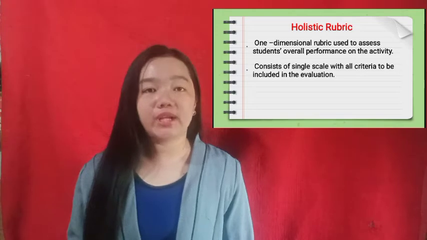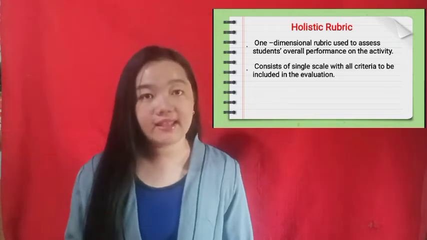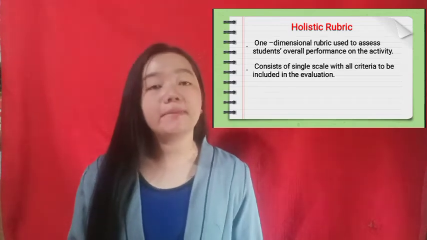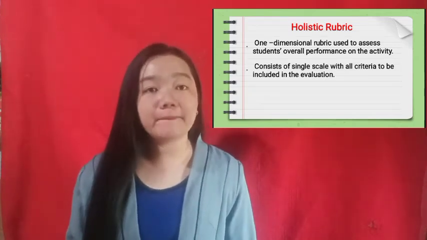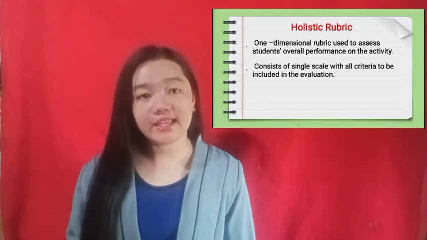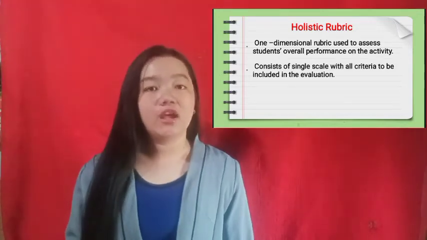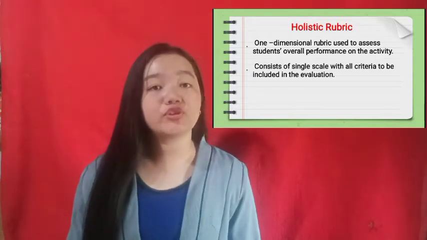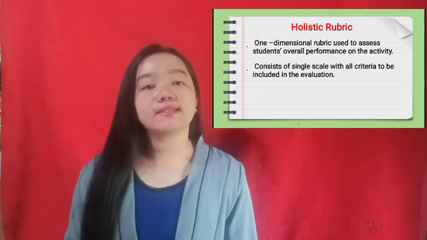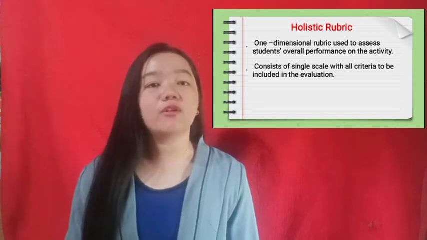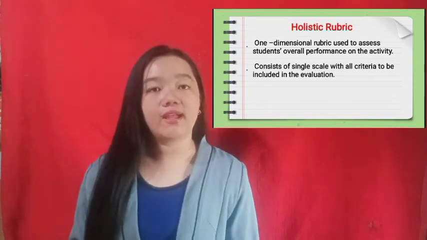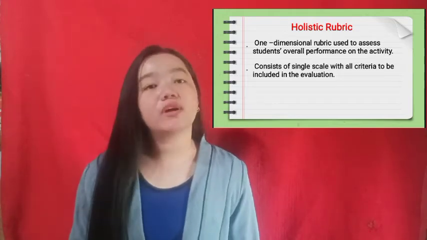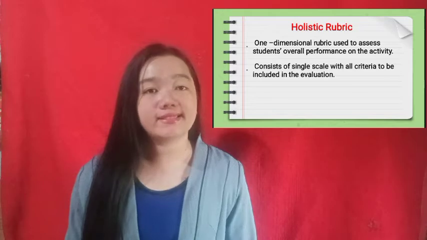A holistic rubric consists of a single scale with all criteria to be included in the evaluation being considered together, for example, the clarity, organization, and mechanics. With holistic rubrics, the rater assigns a single score, usually on a 1 to 4 or 1 to 6 point scale, based on an overall judgment of the student work. The rater matches an entire piece of student work to a single description on the scale.